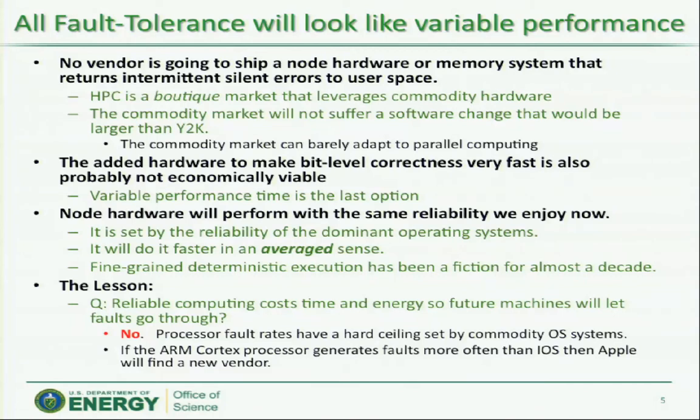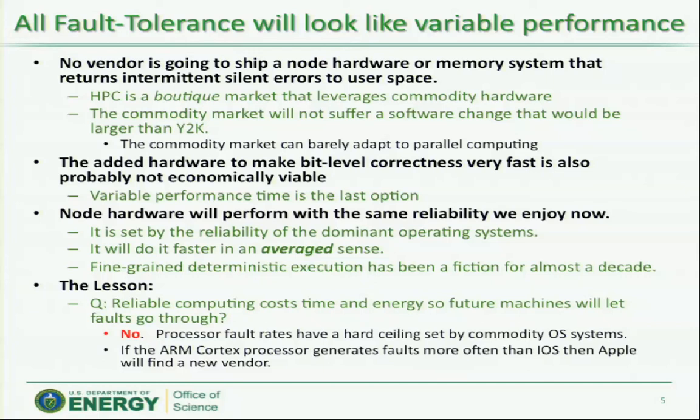How reliable a processor is set by the reliability of the dominant operating systems that are available today. So if you go to a hardware vendor, and you're talking to the guys who talk to us in our meetings, you go to the much bigger meetings, and you see that there's a graph for how reliable Windows is, and there's a graph for how reliable the current generation of processors are without having faults. As long as the hardware faults at a level below the operating system faults, you can sell that chip.